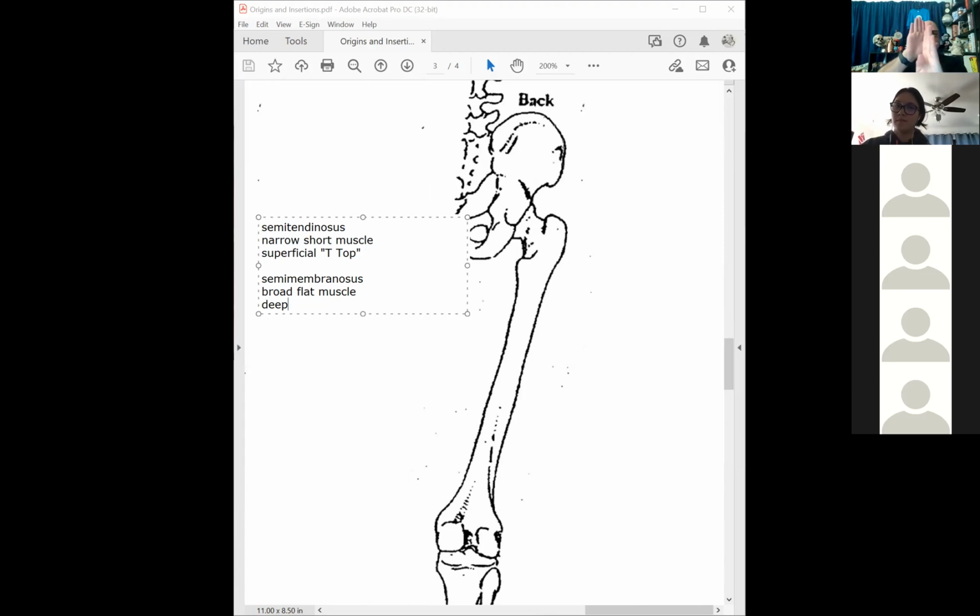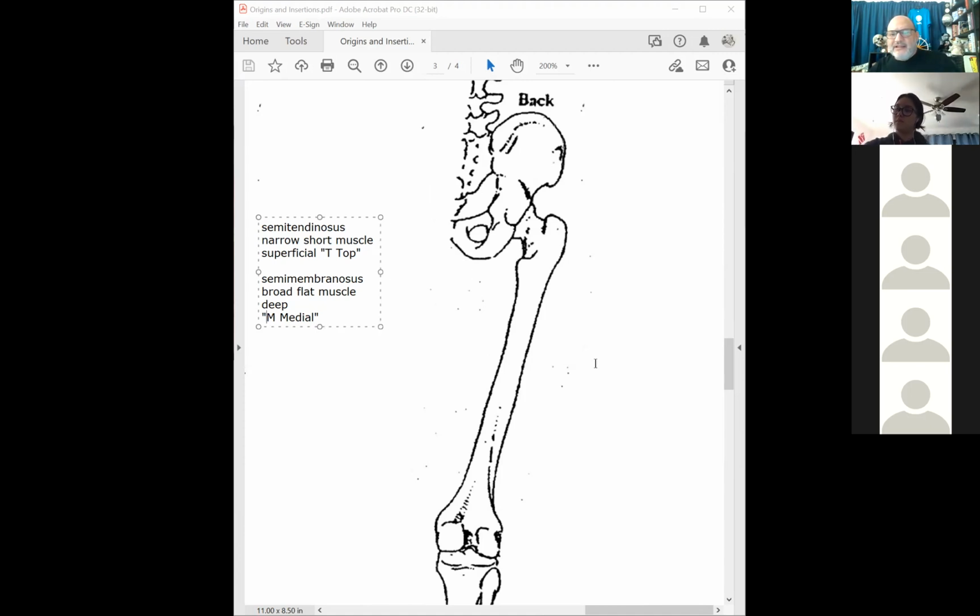Now, when you have a narrow muscle sitting on top of a fatter muscle, the fatter muscle is going to stick out to the sides. And that's how I remember this. The semimembranosus, M for membranosus, is M for more medial. Technically, it's more lateral as well, but that isn't a good mnemonic to help me remember. So the one that sticks out more medially is going to be the semimembranosus.